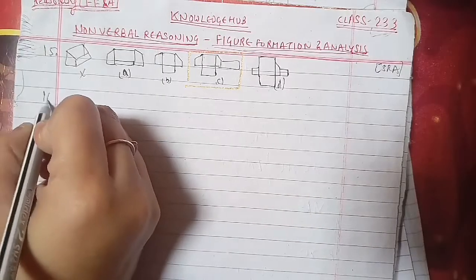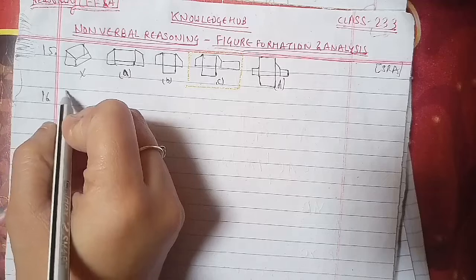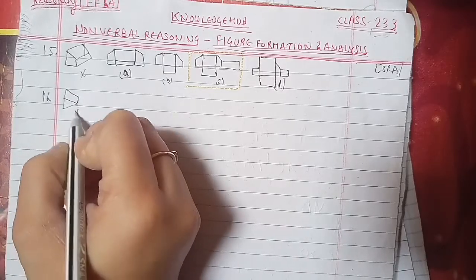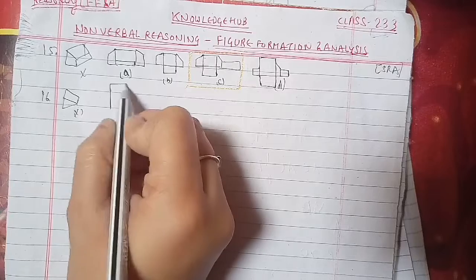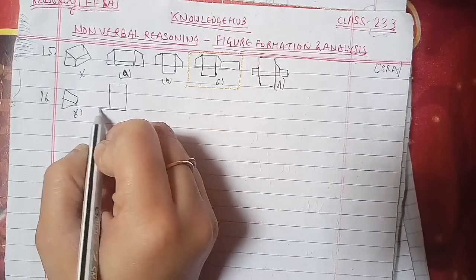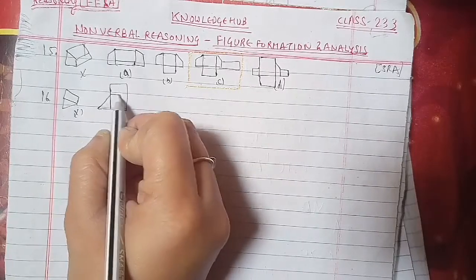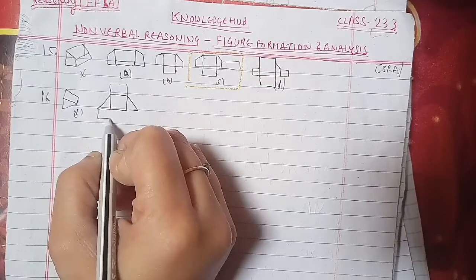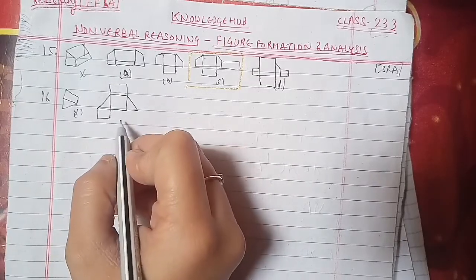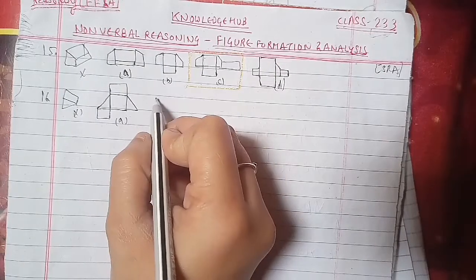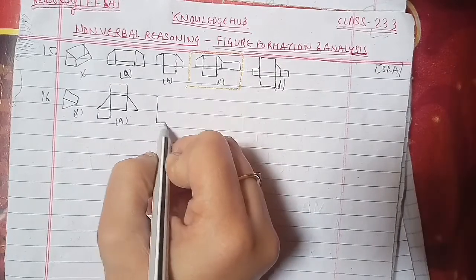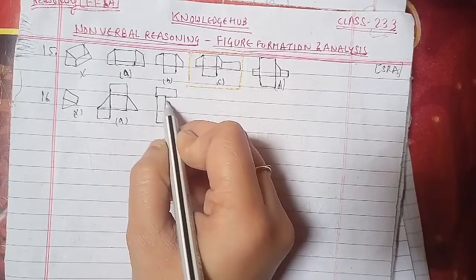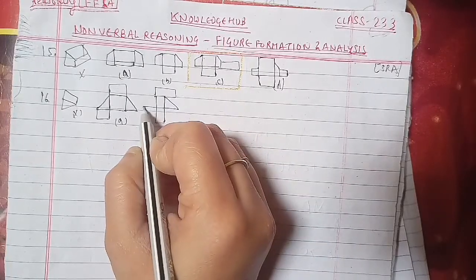This is X. Here we have figure A. We have the B figure. This is the C figure here.